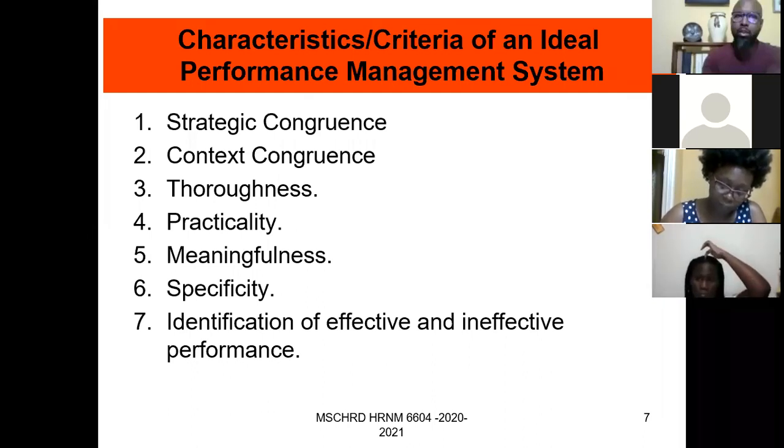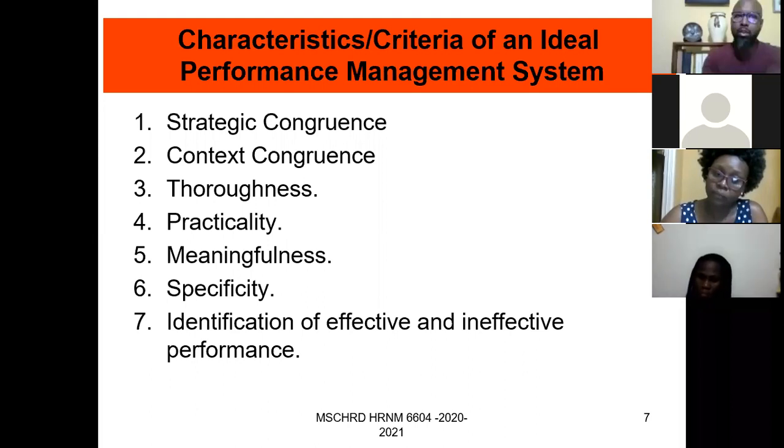So we go back again to the end product, which is the performance appraisal. When you have your performance appraisal, we are supposed to be able to measure your performance, and we'll get to a stage in the course where you see how the actual appraisal is designed.